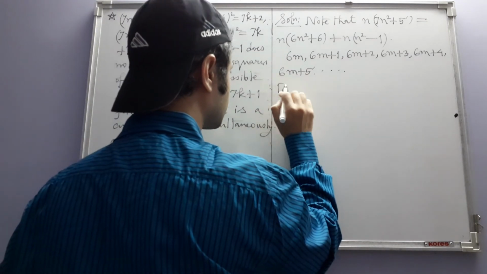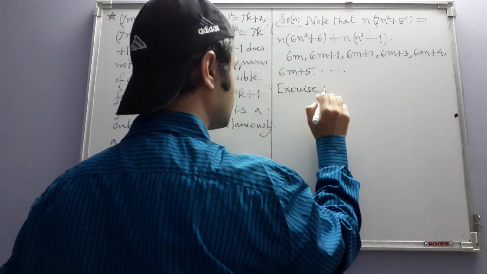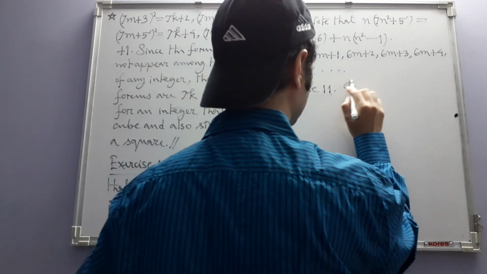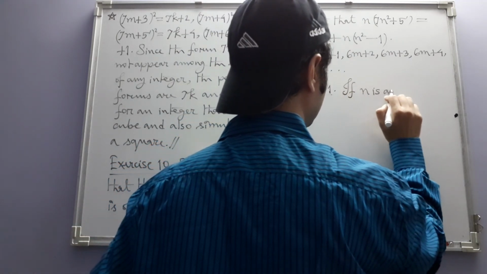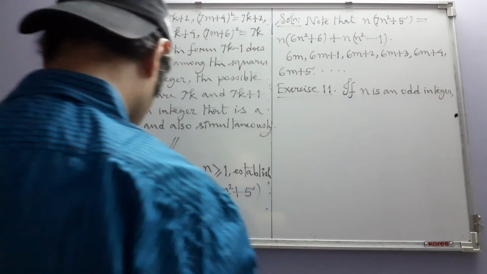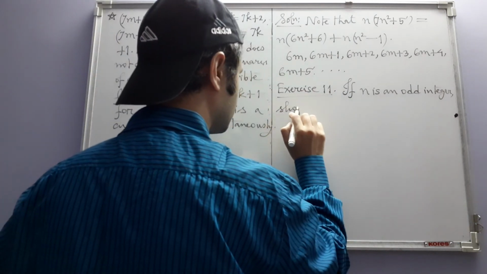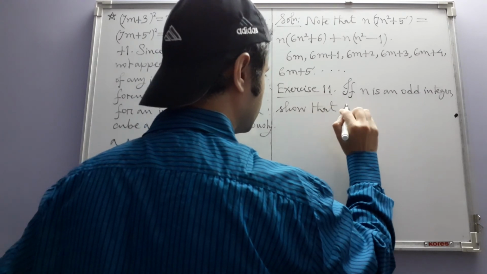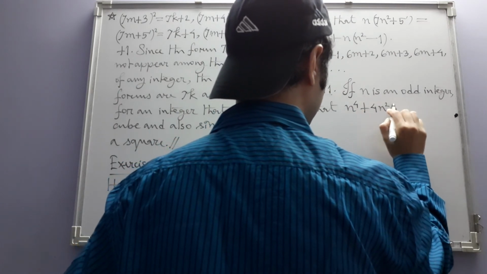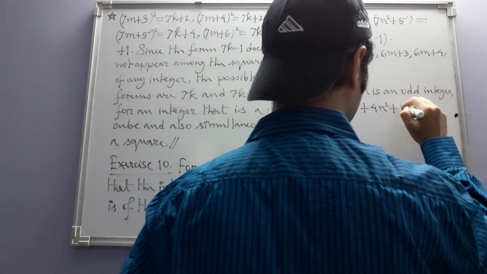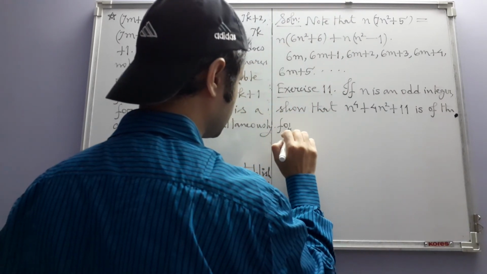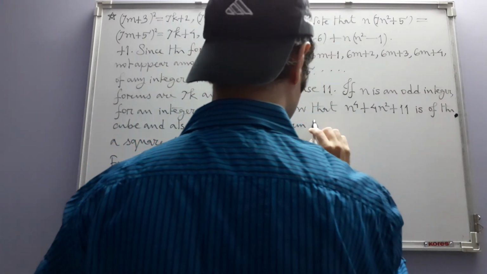Then exercise 11. If n is an odd integer, show that n to the power 4 plus 4n square plus 11 is of the form 16k.